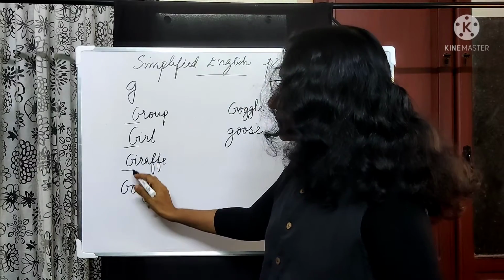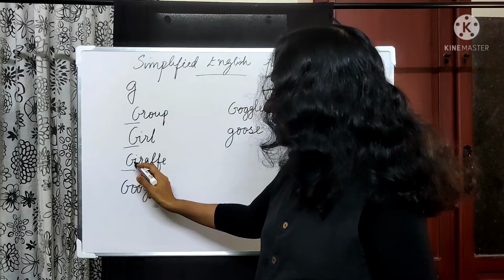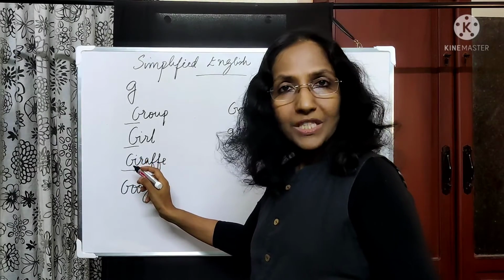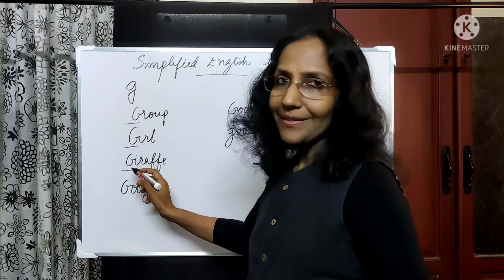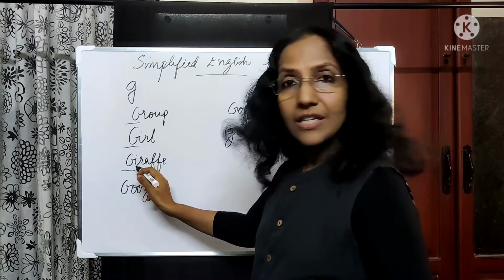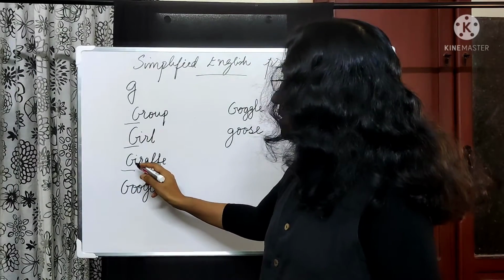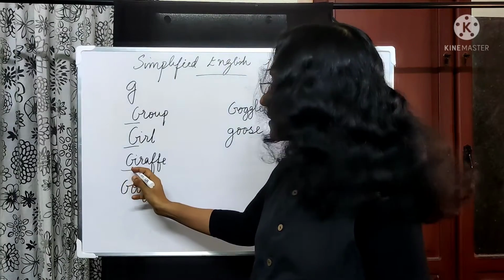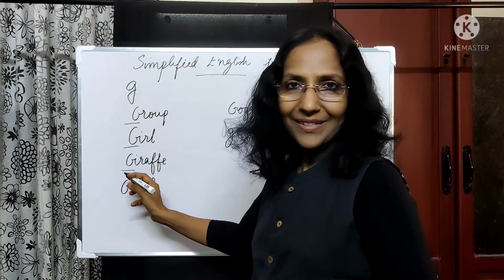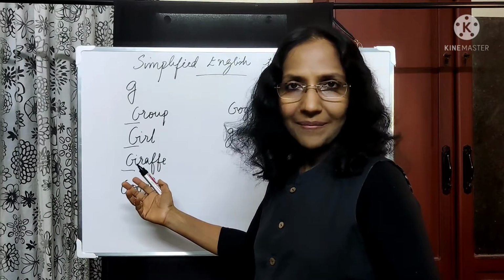Next is, again, see how tricky the sound is, even though it has the sound J. It is represented by the letter G. It's not J in the written form. But the pronunciation is G.